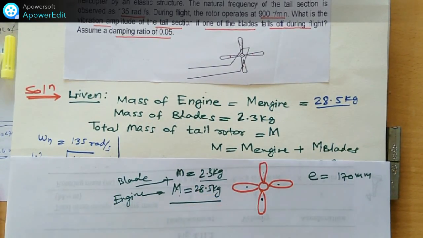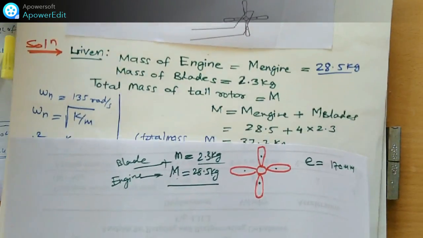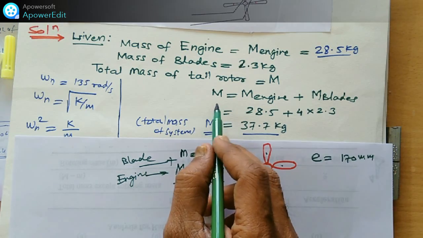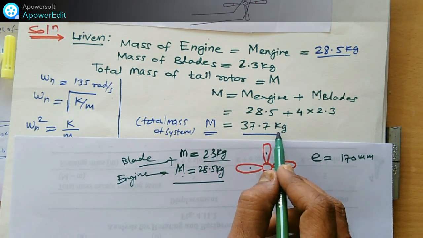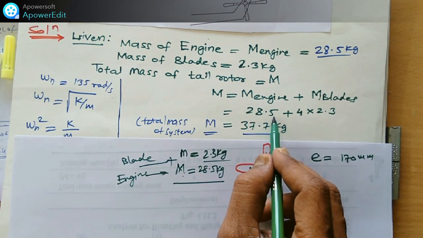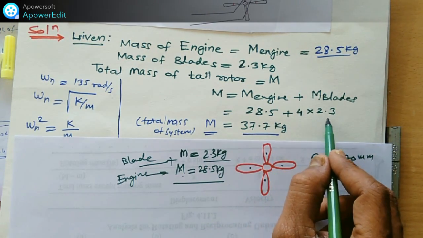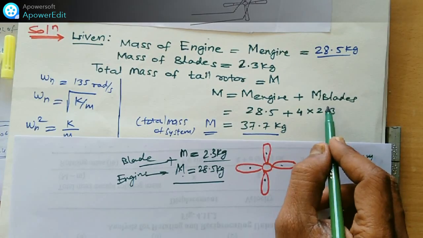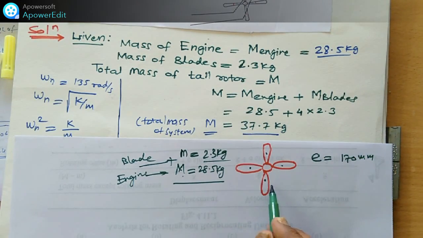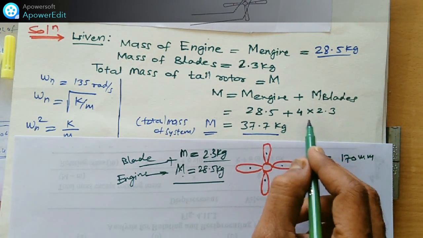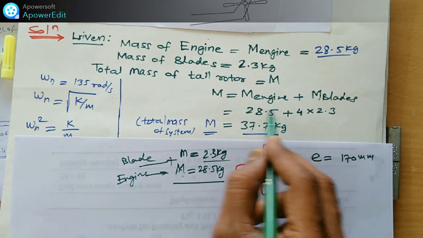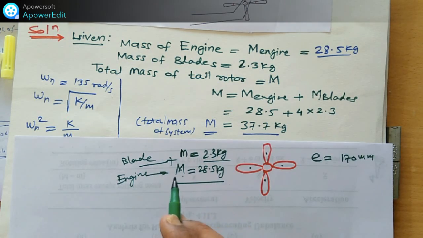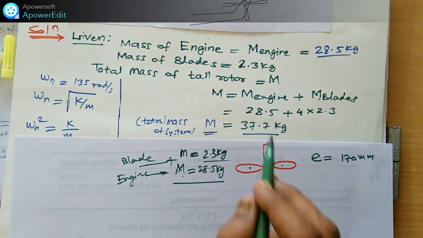Here the total mass of the system is M equal to 28.5 plus 4 times 2.3. The number of blades is 4, one blade is 2.3, so 4 into 2.3 plus 28.5 for the engine. The total mass of the system is 37.7.